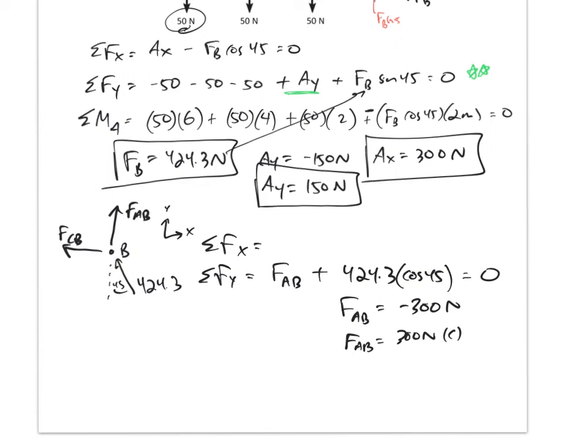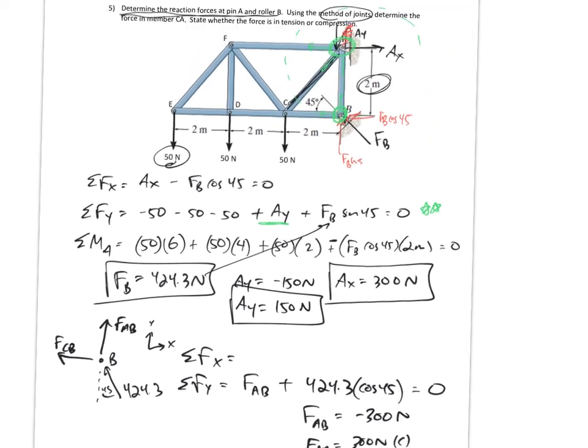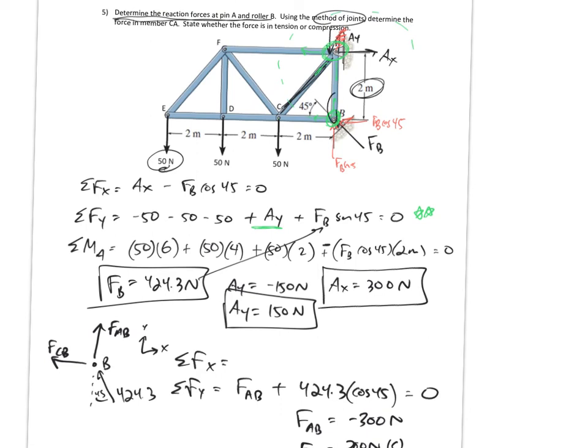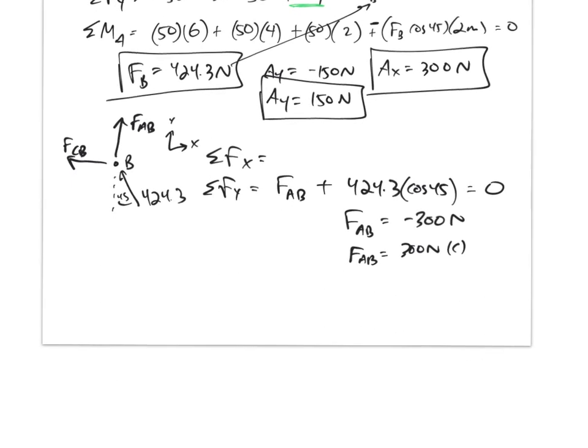All right, and just looking ahead, once I solve for that, then I know the force in this member, then I can go to joint A and solve for the remaining two unknowns. So I'm going to jump to joint A. Now looking at joint A, I solved that the force in AB is 300 newtons compression, so it is pushing 300 newtons.